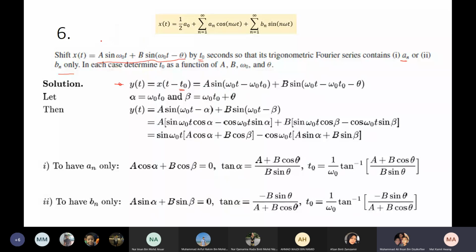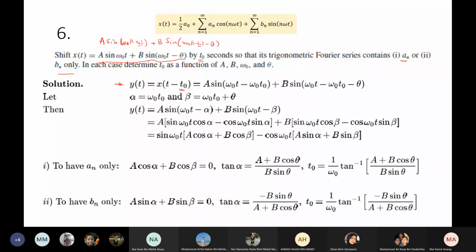But this is basically what you write: a sine omega naught, and you shift by t naught, so therefore omega naught times (t minus t naught) plus b sine omega naught (t minus t naught) minus theta, because the new function is shifted by t naught.